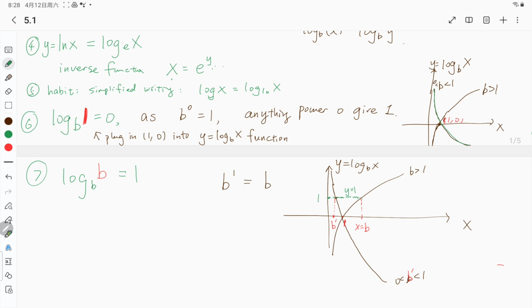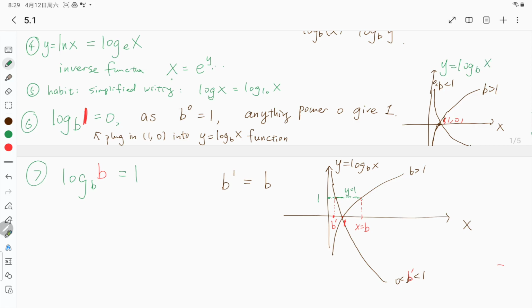Either way, they will both cross the point (1, 0), right? So we will always cross this point (1, 0). This is y equal to log base b of x.